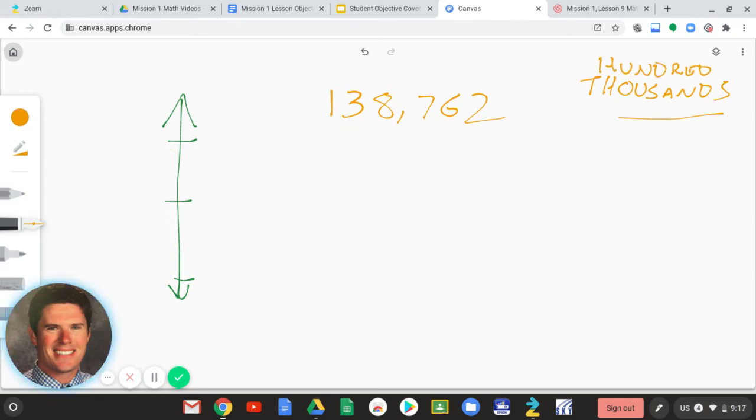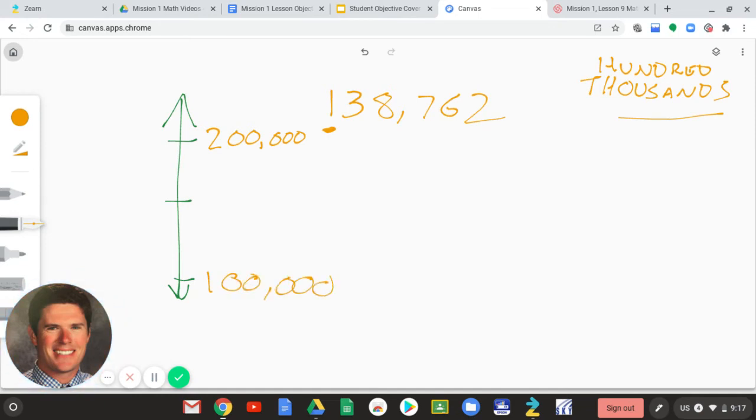And we might be given that same number, 138,762, and now asked to round to the nearest 100,000. Again, it's the same number, but we're being asked to round it to different place values. In this case, my 100,000s place value is that 1. So that's either going to round up to 200,000 or round down to 100,000.